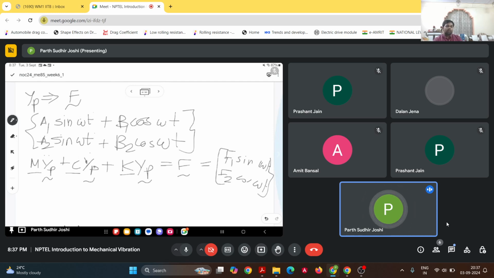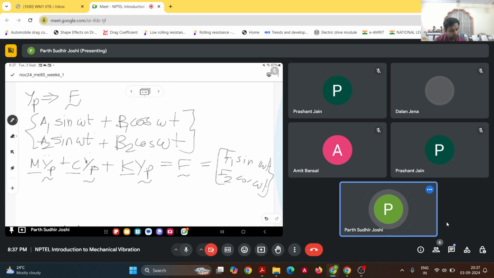In a similar way we can find these coefficients a1, b1, a2, b2 depending on the nature of the harmonic force that we apply. So we can find out a1, b1, a2, b2 if the force F is known.